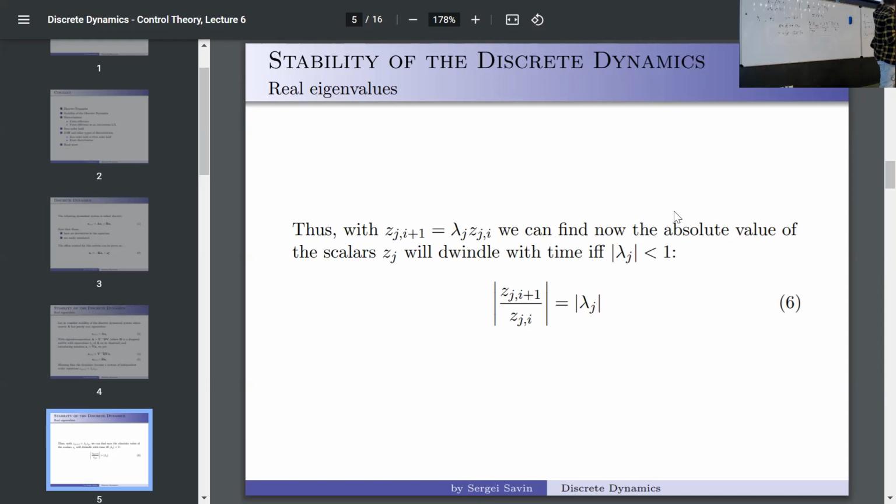If x sub i was 0, we can assume that all subsequent Z will be 0, and we don't need to discuss the ratio in terms of stability because it is stable. A sequence of 0, 0, 0 is stable in the sense of Lyapunov.